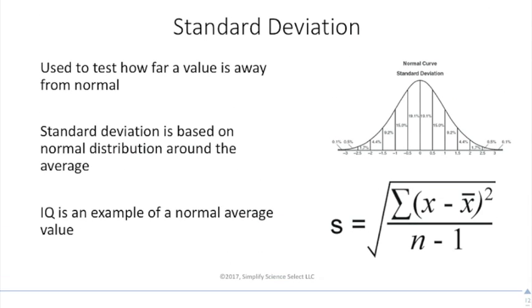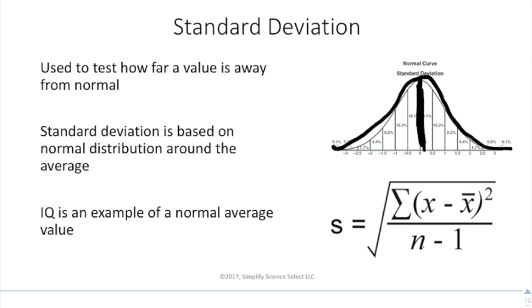Well, one of the ways that you can test error again is standard deviation. So, standard deviation is how far a value is away from its normal. Now, the assumption is you have a normal population, and a normal population is where there is some sort of average value. Okay, and there's a normal distribution, which is what this is. It's sometimes called the bell curve, a normal distribution that goes out from there.